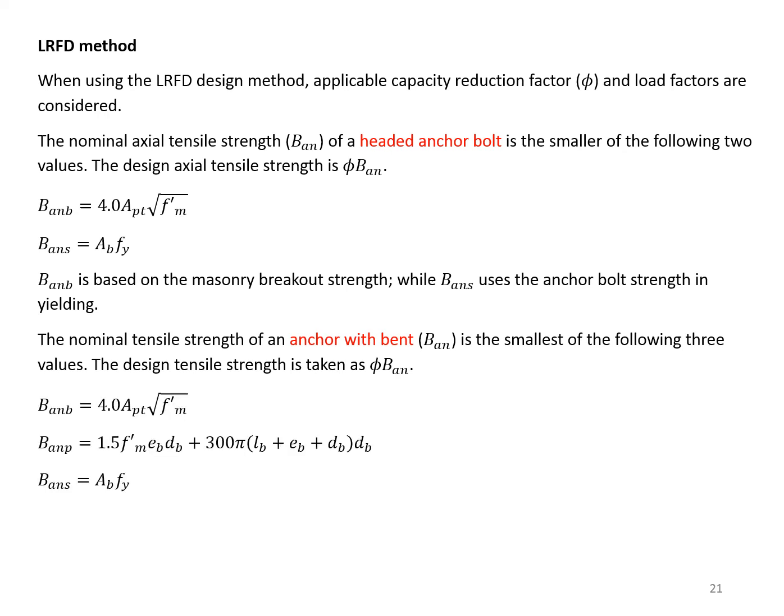BANB, the first equation, is 4 APT times the square root of f prime m. BANP is 1.5 f prime m EB dB plus 300 multiplied by pi times LB plus EB plus dB, the product multiplied by dB, where dB, if you remember, is the diameter of the bar. And BANS is AB multiplied by FY. Again, the middle equation is based on the anchor pull-out strength.